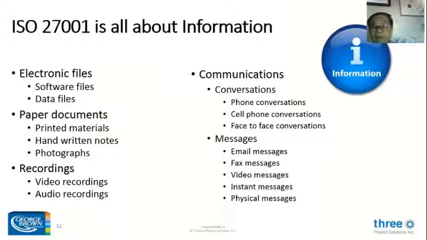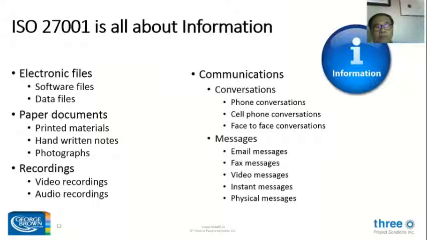So if you develop software, the development program and the code are information that can be protected as well using ISO 27001 and 27002. So software files, data files, paper documents, any printed materials, handwritten notes, and photographs. These printed materials can also be covered under the security practice.